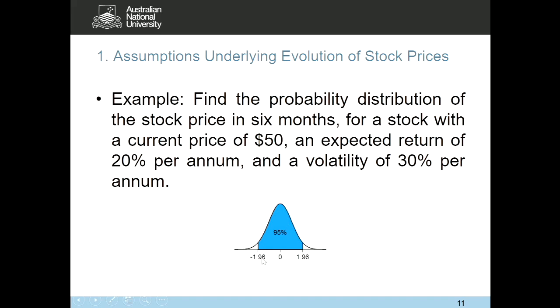So roughly you can say 2 standard deviations from the mean covers 90% area underneath the curve. And we're going to take advantage of that. Then we're going to calculate a 95% confidence interval, and that 95% confidence interval is going to give us some indication of the range of the price that this stock price might end up with in 6 months' time.